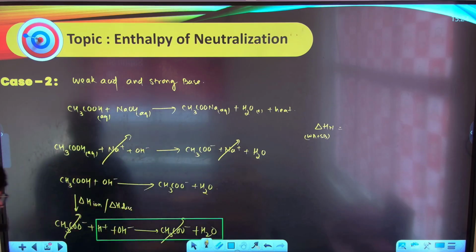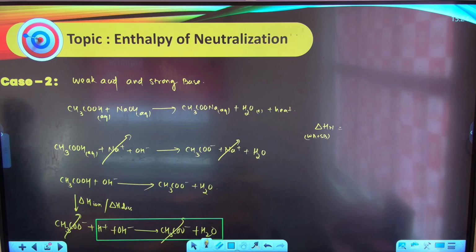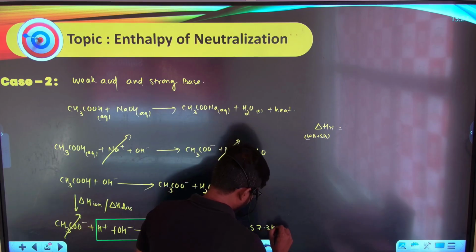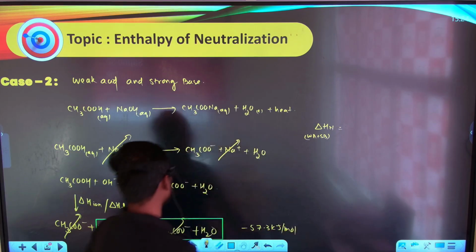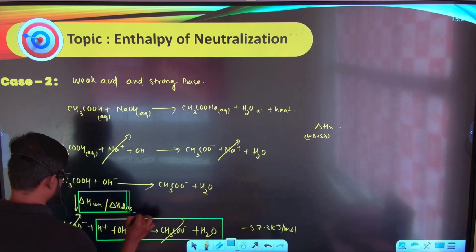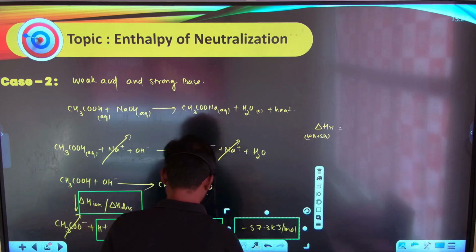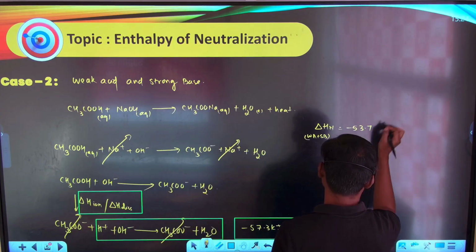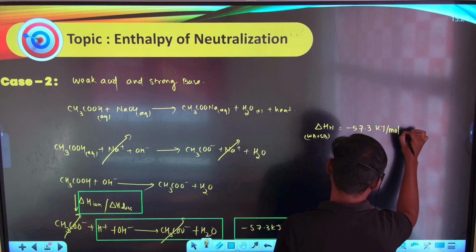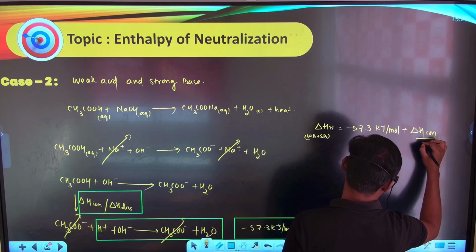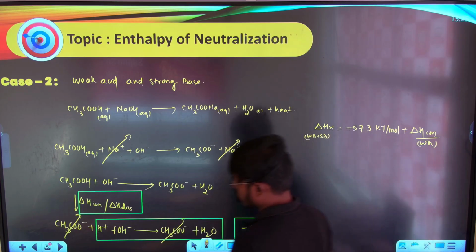For this reaction I know the delta H value, that is equal to minus 57.3 kilojoule per mole. But for this reaction the total energy is a combination of this and this. So for this reaction delta H neutralization will be equal to minus 57.3 kilojoule per mole plus delta H ionization for whom? For my weak part, that is the weak acid.